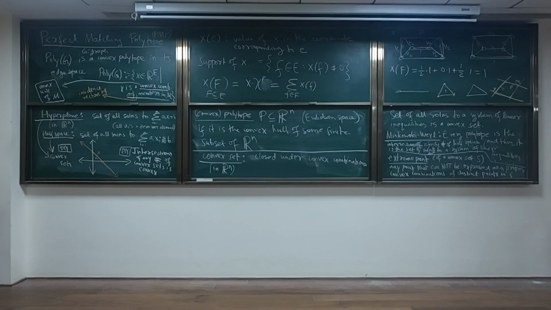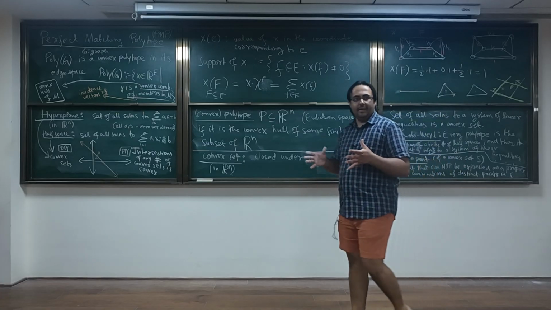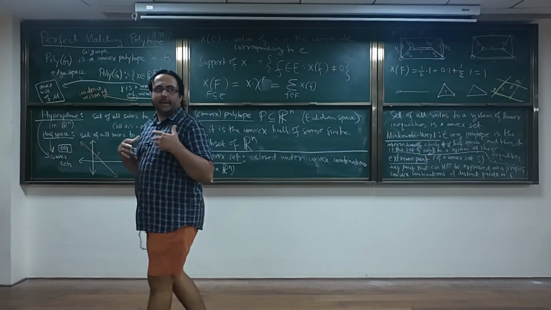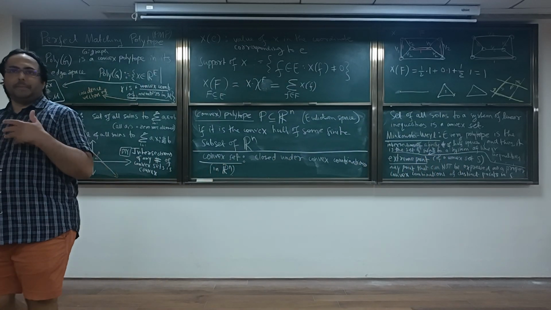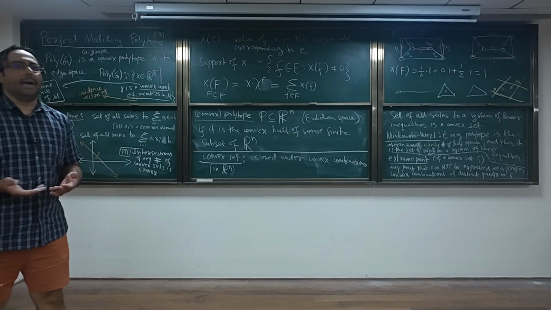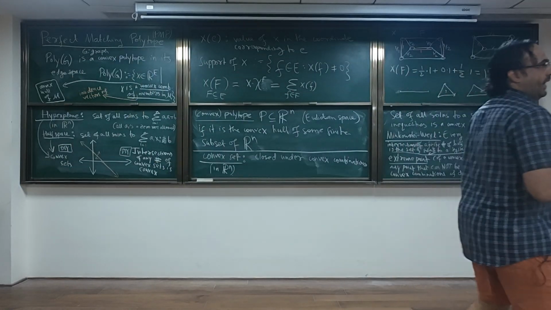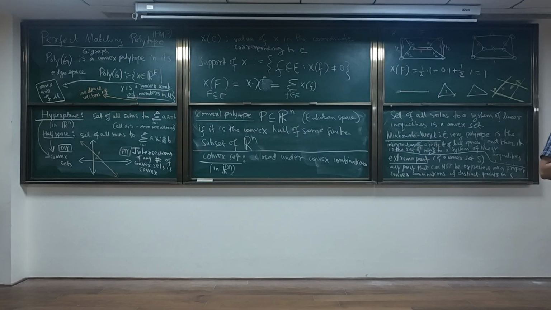So it follows immediately from this theorem that there should be a linear inequality description of the perfect matching polytope. And this was a major open problem back in the day that was finally solved by Jack Edmonds in 1965. Jack Edmonds gave a complete description of the perfect matching polytope of any graph.